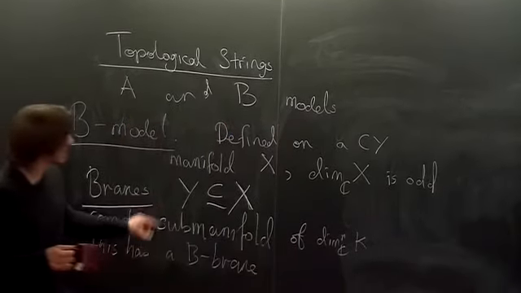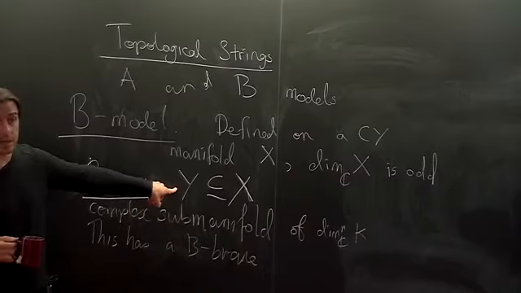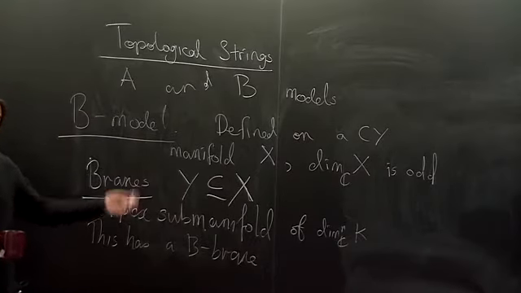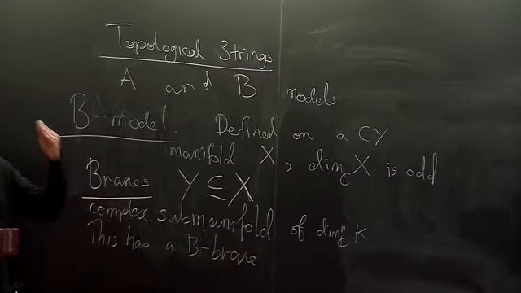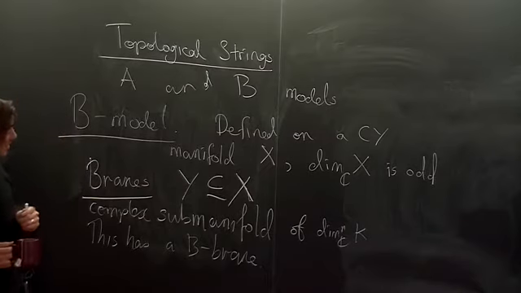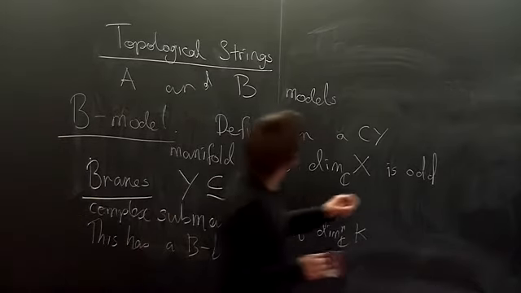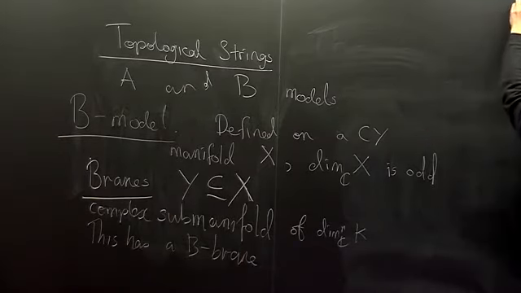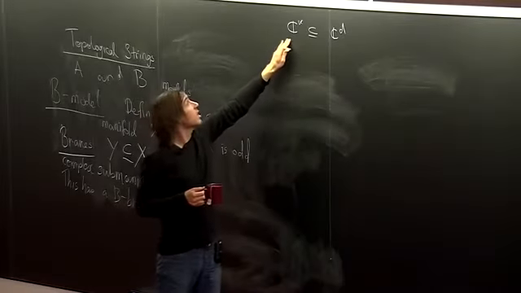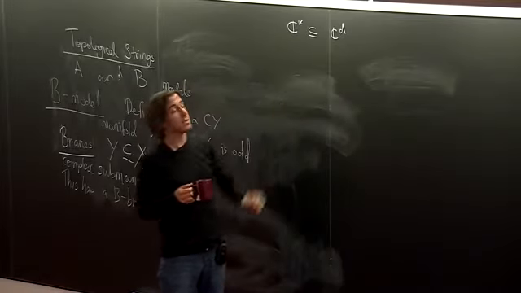And more generally, I could consider this submanifold together with a vector bundle on it. But that's really equivalent, at least locally, to having a stack of n of these branes. So, for example, most of the time, we're going to consider some C^k inside of C^d. Flat case, so I just have some complex linear subspace inside this d-dimensional space.